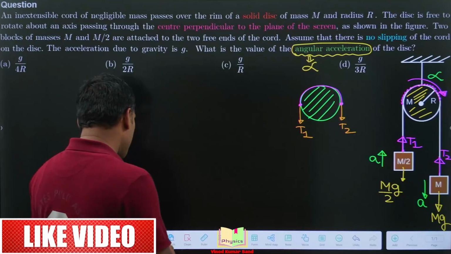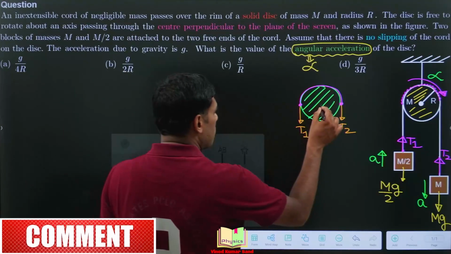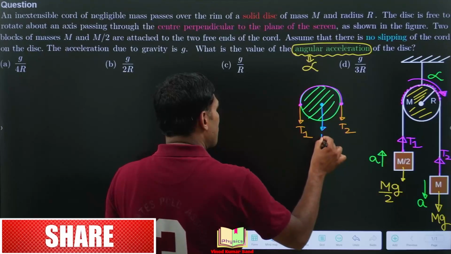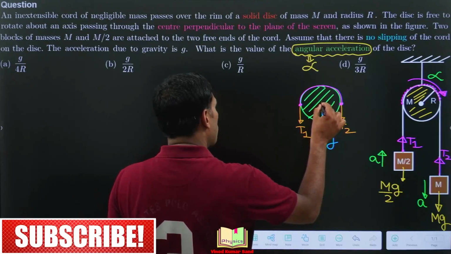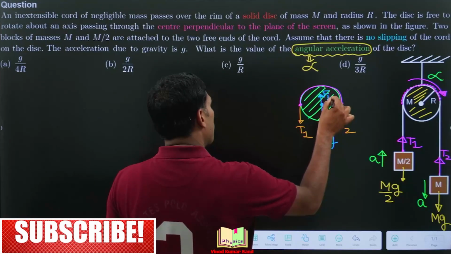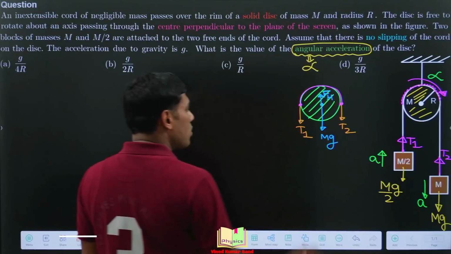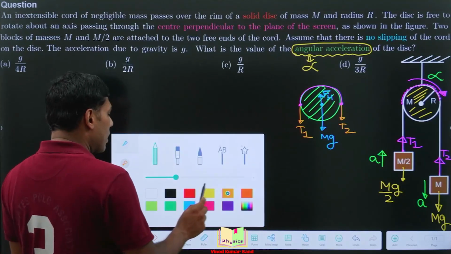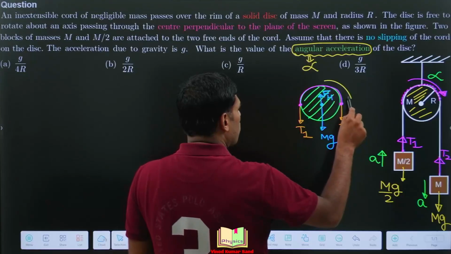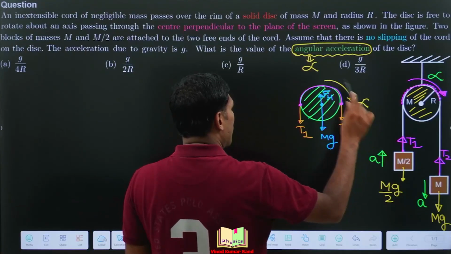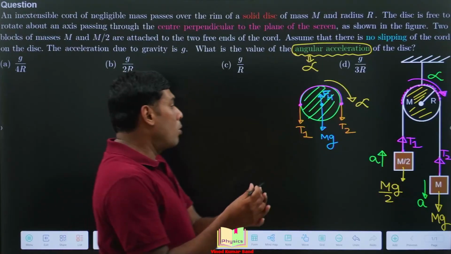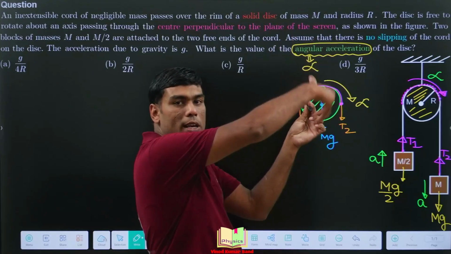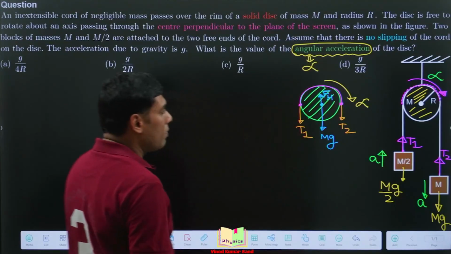The disk has its own mg. There will be some hinge force also, although we don't require that force due to the hinge in this calculation. The angular acceleration of the disk is shown in this sense, clockwise like this. About this axis the disk has the angular acceleration alpha.